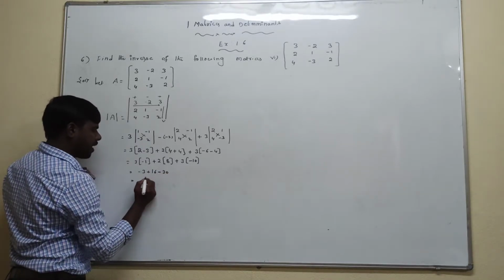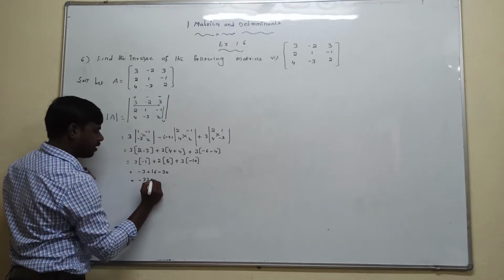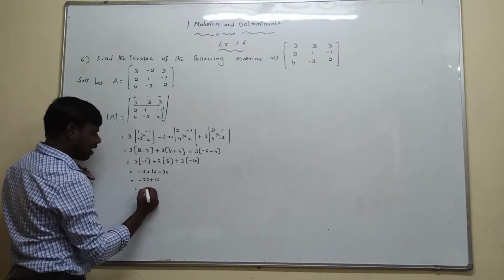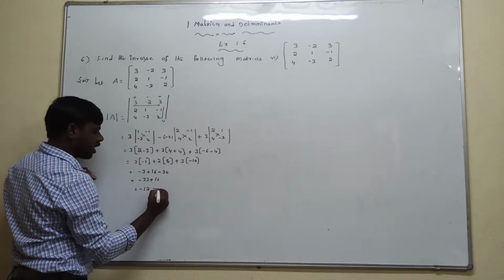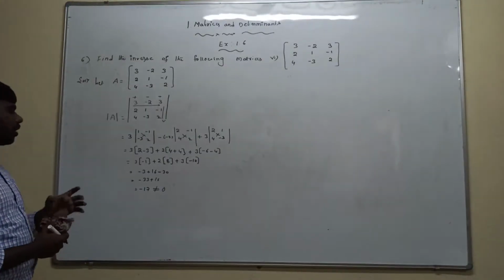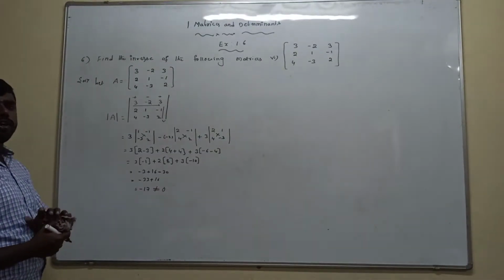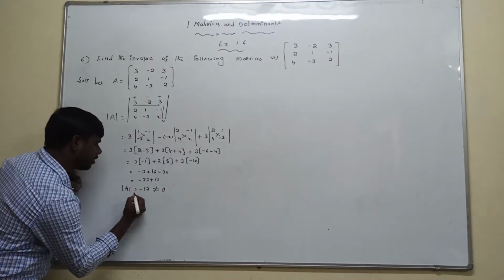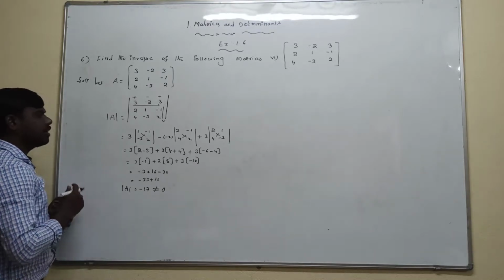So minus 3 minus 30 is minus 33, plus 16, the value is minus 17. This is not equal to 0, so it is a non-singular matrix. When the determinant of A is not equal to 0, the inverse exists. So the determinant of A value is minus 17.